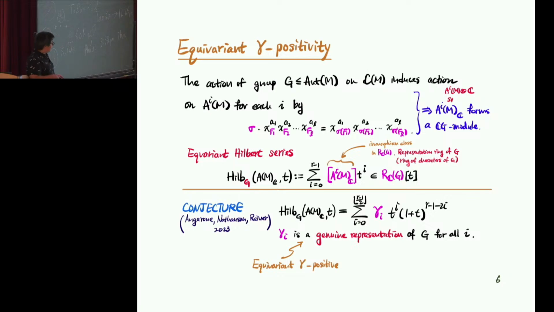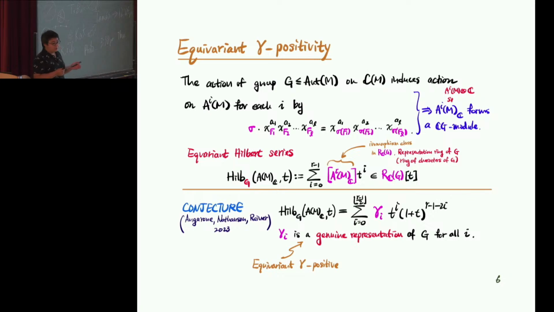And Angarone, Nathanson, and Reiner in 2023 conjectured that, okay, for this equivariant Hilbert series, when you also do this gamma expansion, the coefficient gamma_i here will be some addition and subtraction inside the representation ring, or think of it as addition and subtraction of characters of your group.